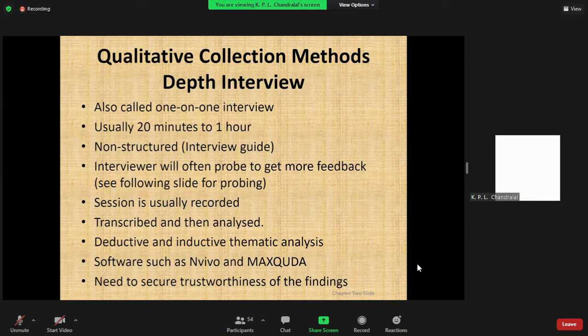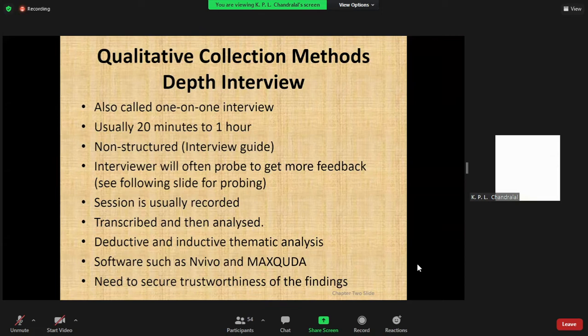So there are certain techniques. As a qualitative researcher, you can display the trustworthiness of your findings, like member checking, triangulation. There are two or three such techniques, and by applying them, you can make sure that the findings are trustworthy.